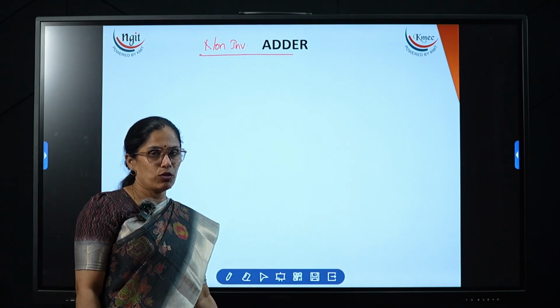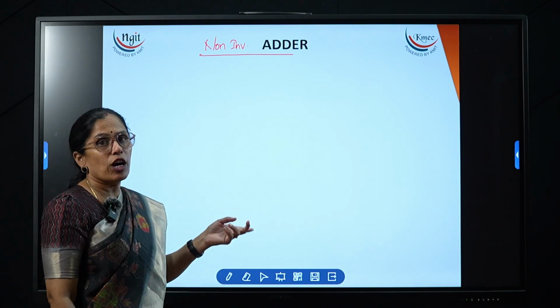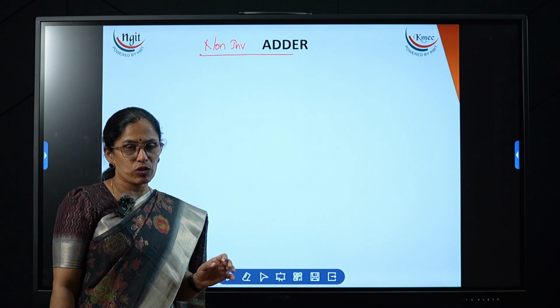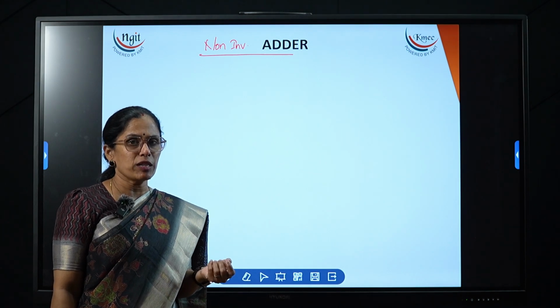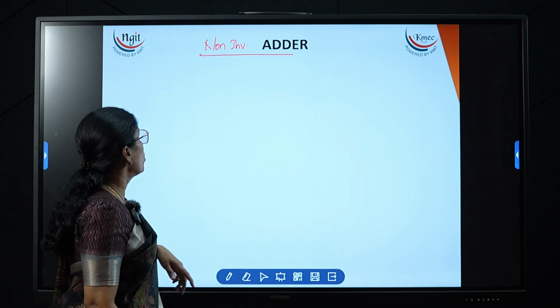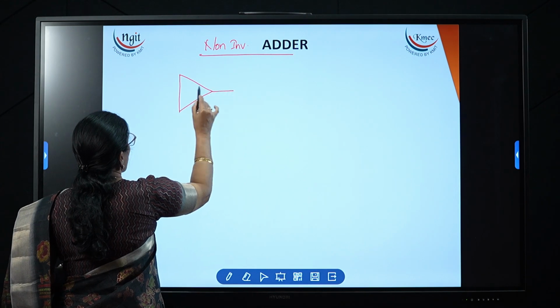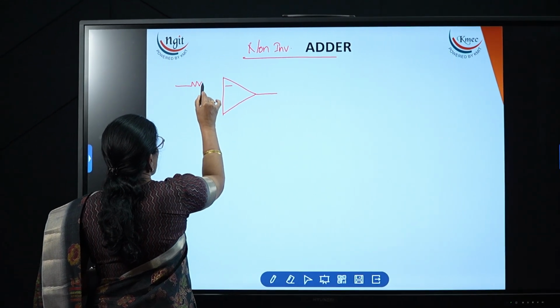In the inverting amplifier, we just discussed that the output is equal to the sum of all inputs with a negative sign, which is nothing but the 180 degrees phase shift. Now coming to the non-inverting amplifier. Here, if you see, we are applying the signals to the non-inverting terminal.